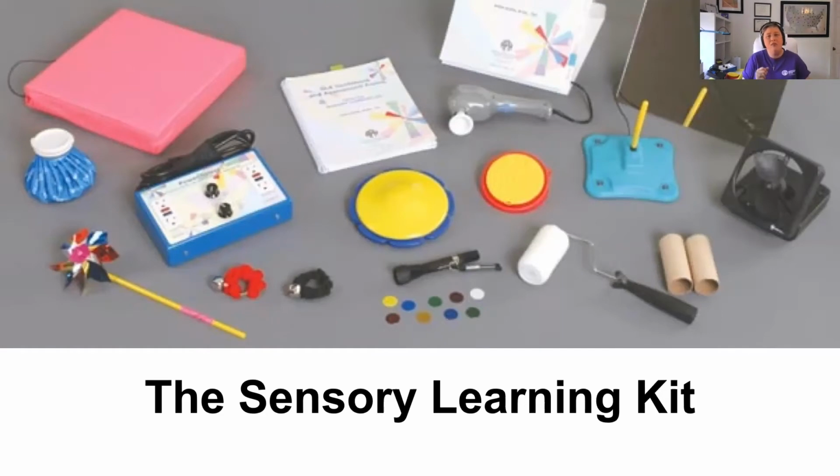It also provides anticipation. It gives students the ability to look forward to something. And last but not least, it gives them participation, a shared experience with a caregiver, a teacher, maybe even a peer. Those are the things that the sensory learning kit provides.